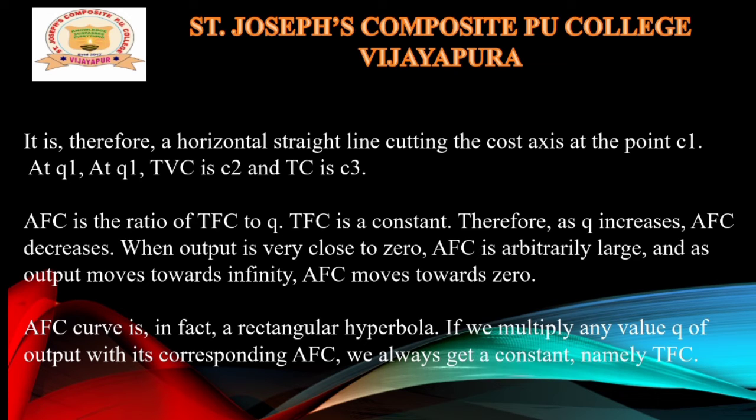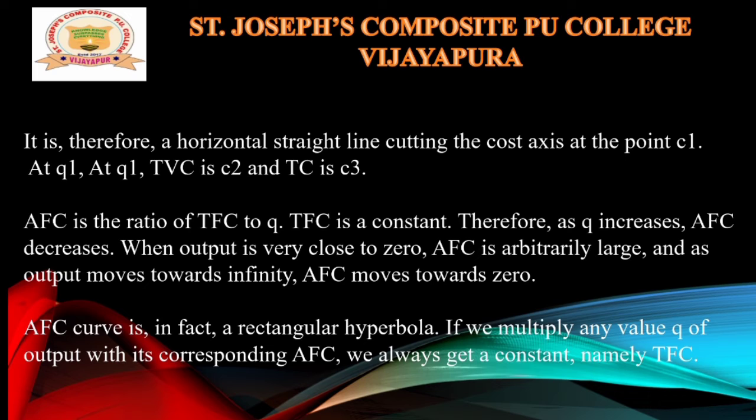Okay. AFC, average fixed cost, is the ratio of TFC, total fixed cost, to Q. TFC is a constant, as you know. Therefore, as Q increases, AFC decreases. When output is very close to 0, AFC is arbitrarily large, and as the output moves towards infinity, AFC moves towards 0.